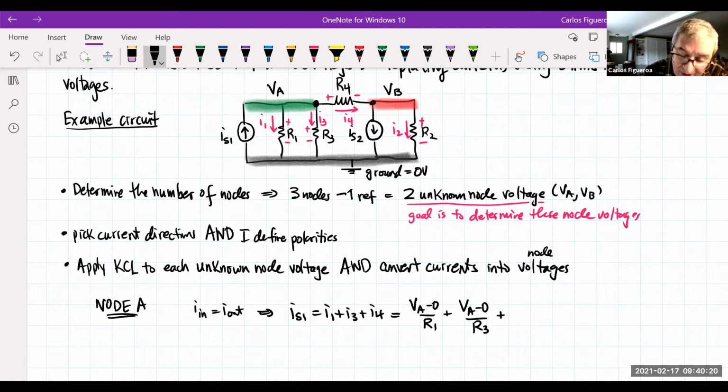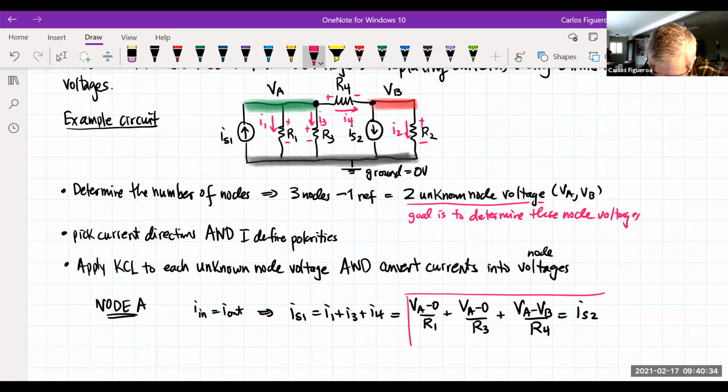Look at this node. That's VB. So it should be VA minus VB divided by R4. And this has to be I source 2. So what you see here, I generated an equation. And this equation is for node A.